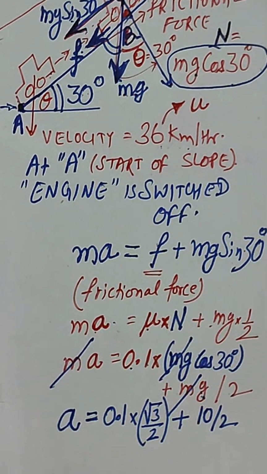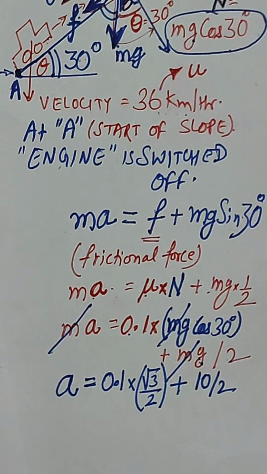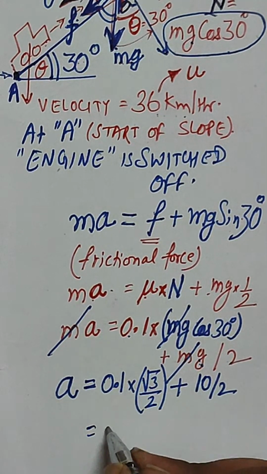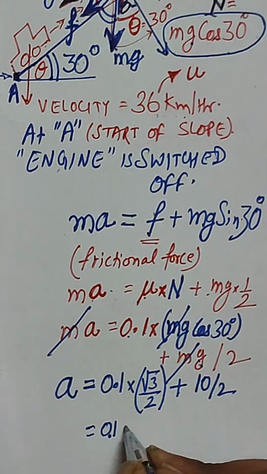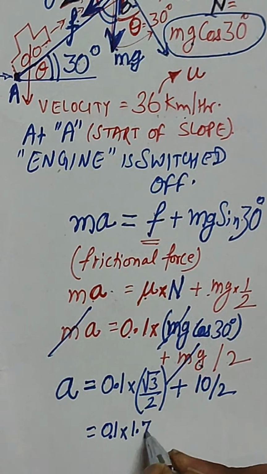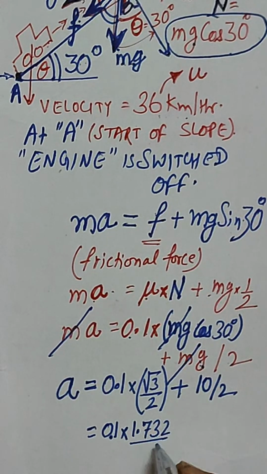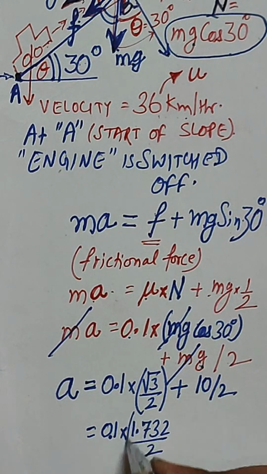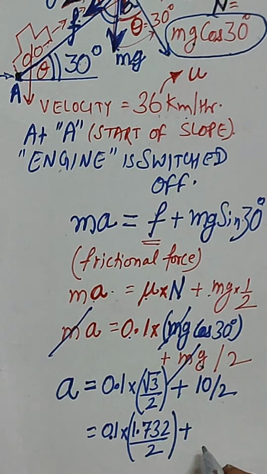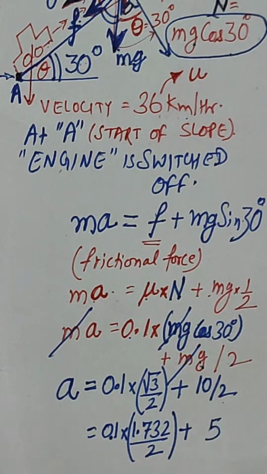So the value of a is calculated as 0.1 into root 3, the value of root 3 is 1.732, divided by 2, right? Plus 10 by 2. 10 by 2 is 5, right?